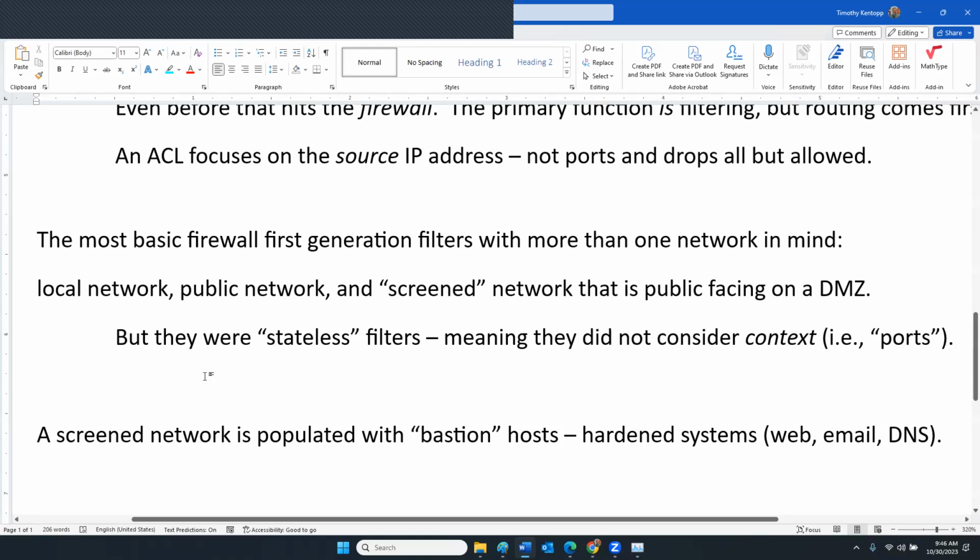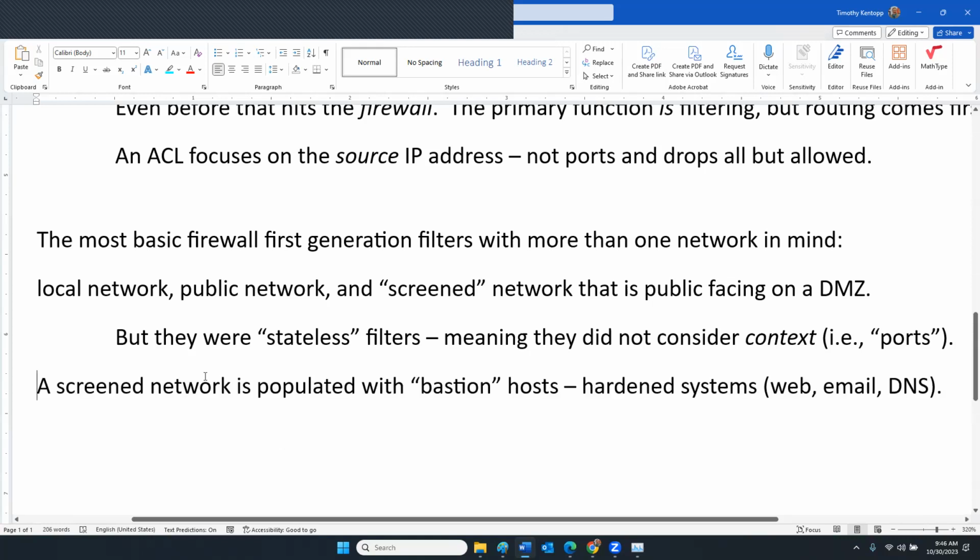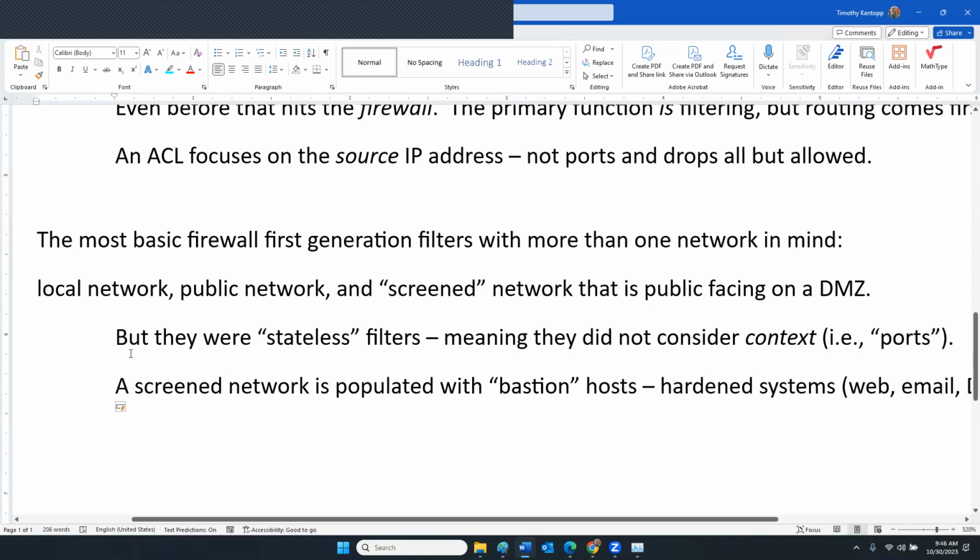Was it 53? It's 53. That's correct. It is 53. Okay. And it's also UDP port 53. So what kind of packet should we be getting when something arrives on port 53?